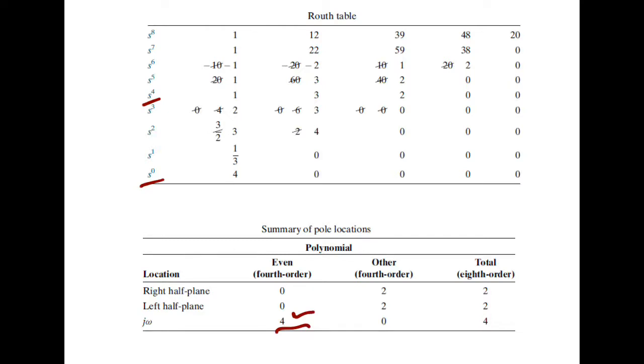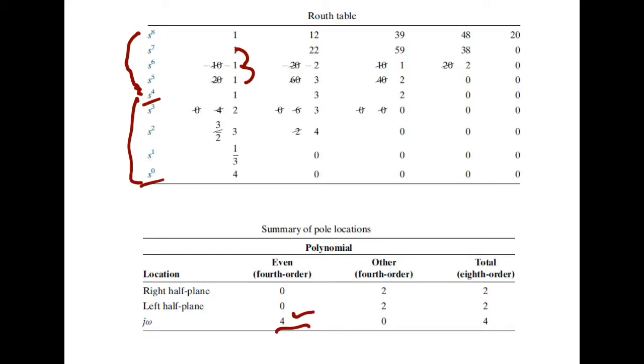Now the remaining roots of the polynomial are evaluated from the S8 row down to the S4 row. In this case we see that there are 2 sign changes in the first column.